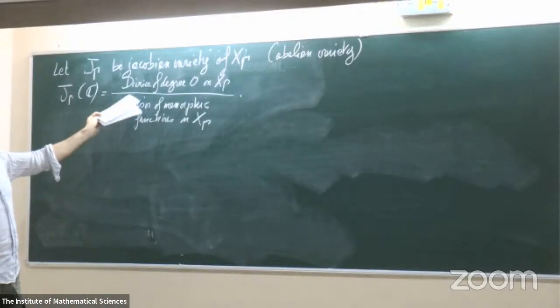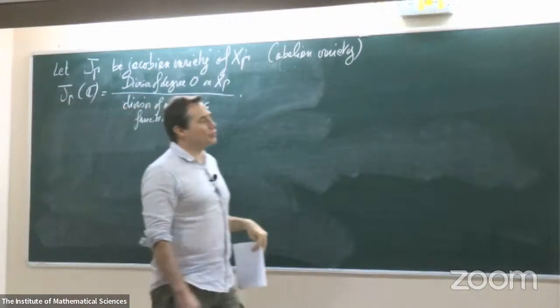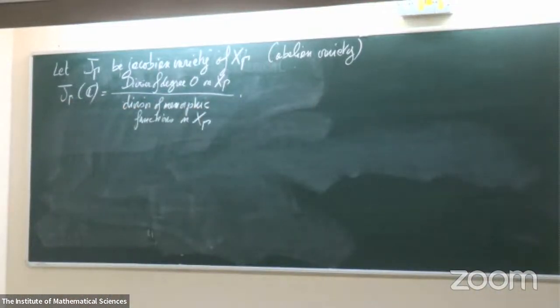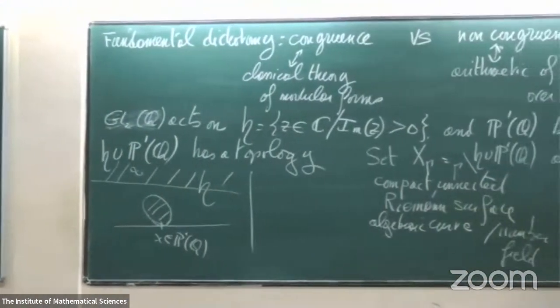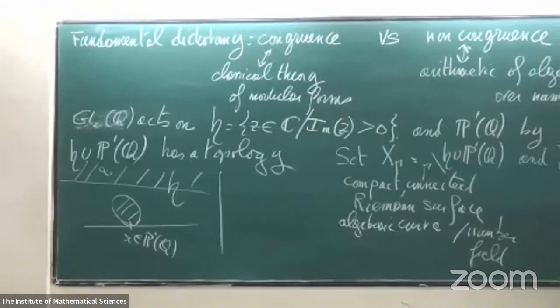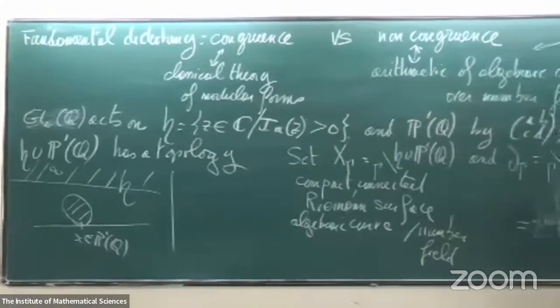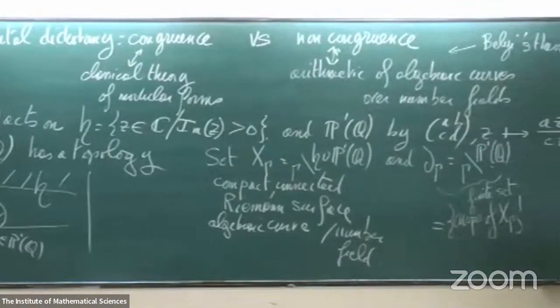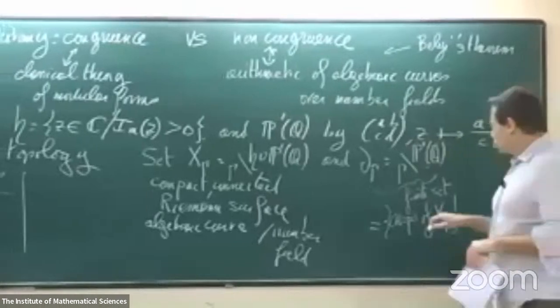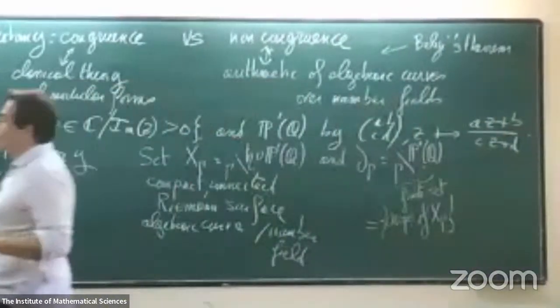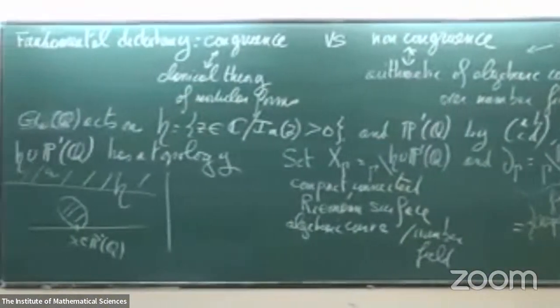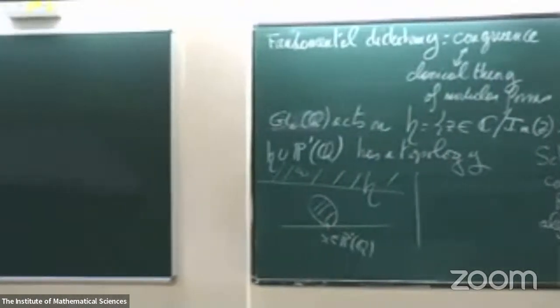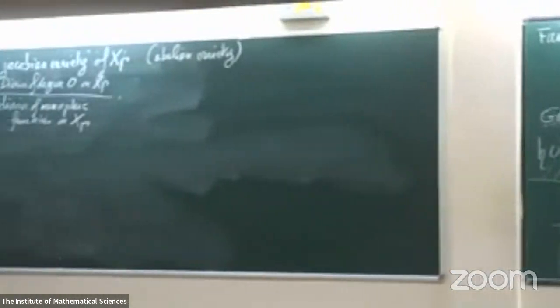Of course, you can actually take divisors on the set of cusps of gamma. You can look at the divisors supported on the cusps and see what they are in this Jacobian. And the theorem is the following.